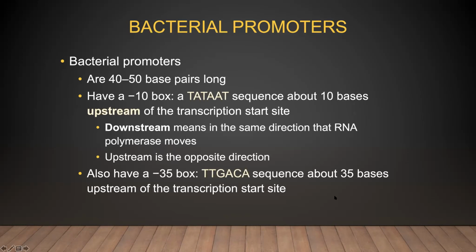All right, so if we look at the promoters in bacterial cells, we'll see that these regions are about 40 to 50 base pairs long. So 40 to 50 A's, T's, C's, and G's. But these are very specific. We'll see that at 10 base pairs before the gene, that's what this -10 means.